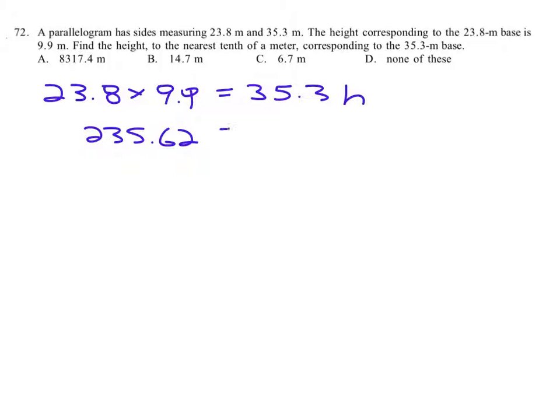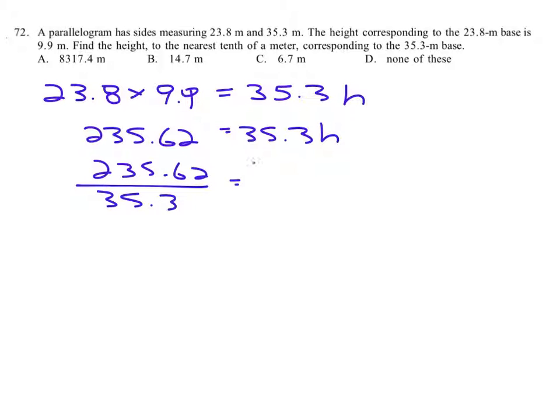235.62. And then you know that that base of 35.3 corresponds to a certain height that will give you the same area measure. So we can then divide both sides by the number in front of h.